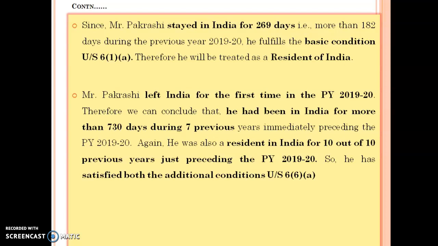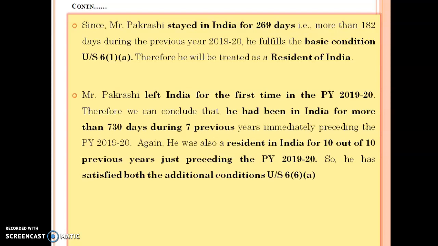So before 2019-20, in 7 years he has to be in India for at least 730 days. And in the last 10 previous years, just preceding the relevant previous year, he has to be a resident for at least 2 years.